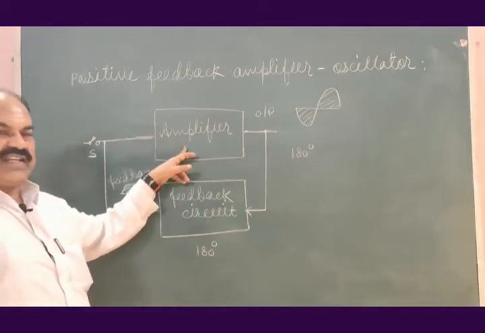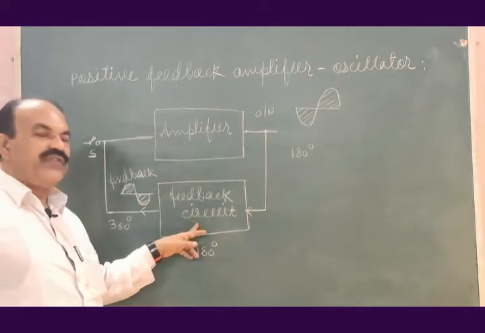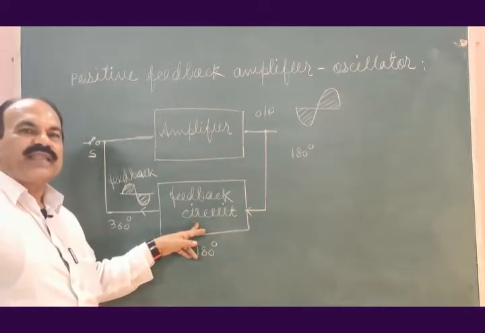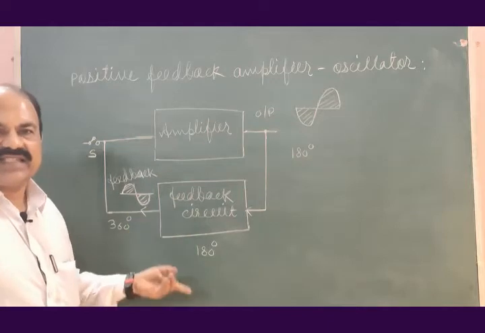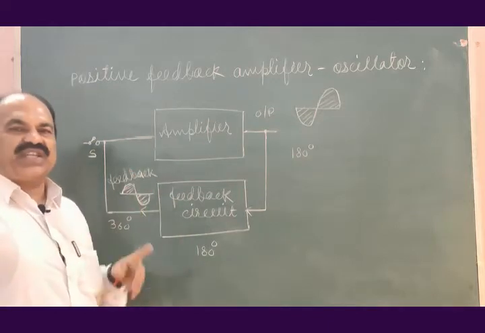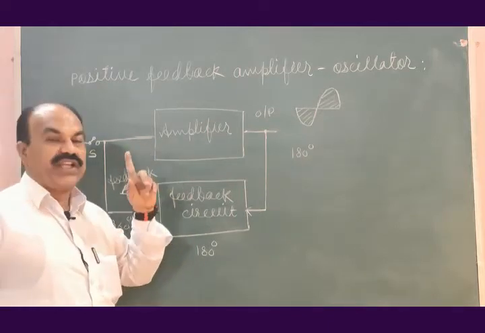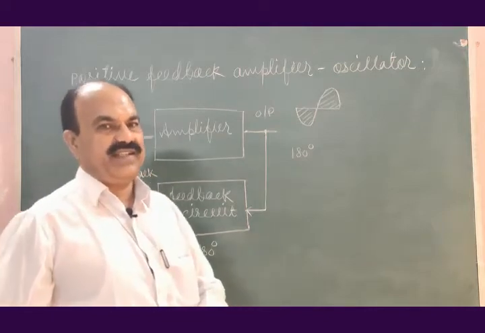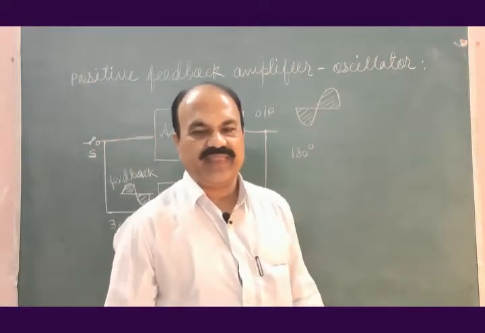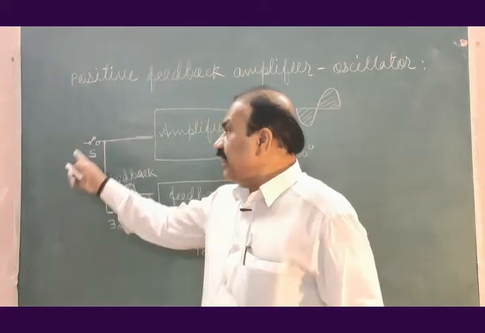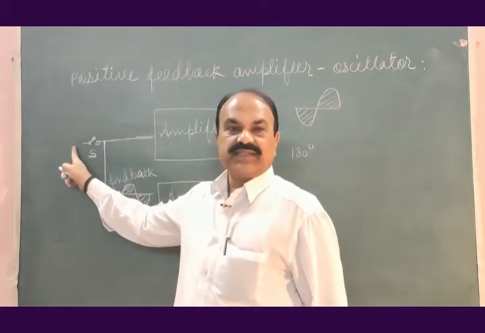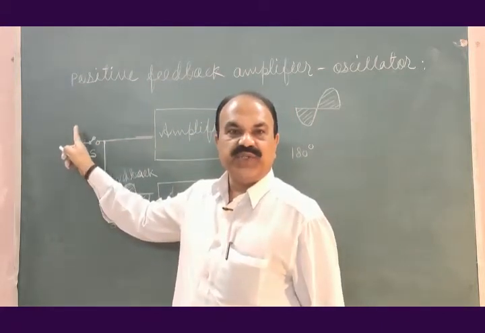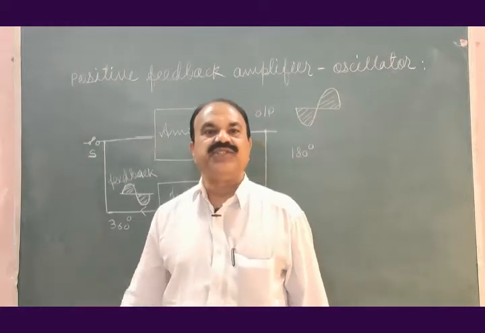This is the amplifier circuit. This is the feedback circuit. Proper DC biasing is provided to this circuit. Now this circuit should generate the oscillations. No input voltage is applied. Input voltage is 0. Input AC signal is 0.